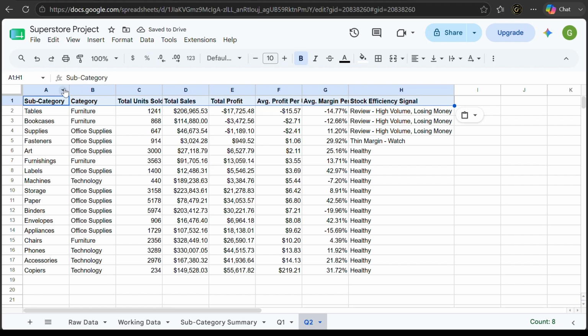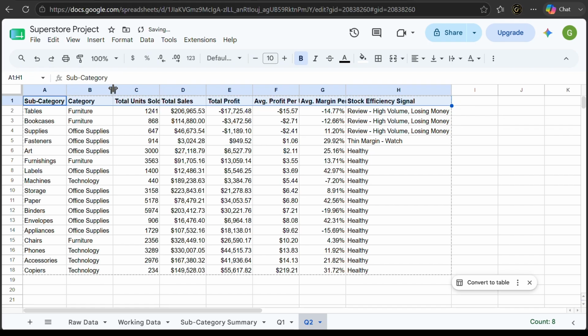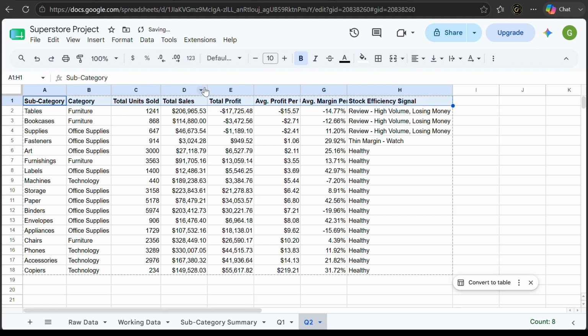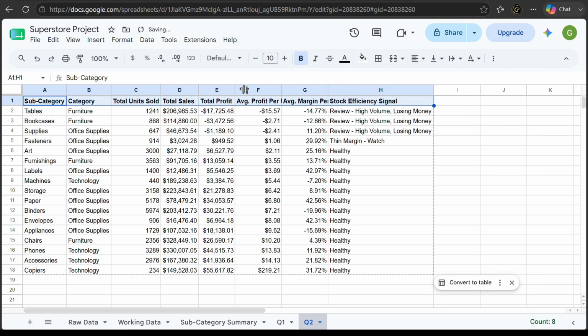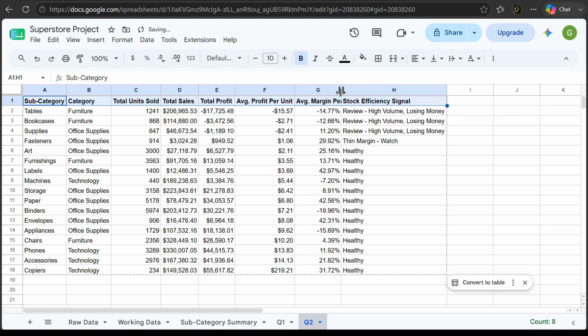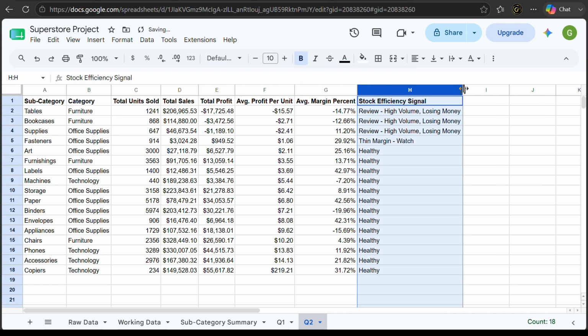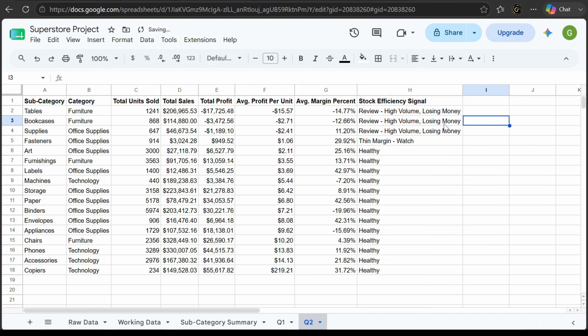Now let me explain what has happened in this sheet. This Q2 tab and the subcategory summary tab are actually the same thing. The difference is that this sheet has been sorted, from the ones flagged review, high volume, losing money, down to the next category, margin watch, and finishing with what's healthy.